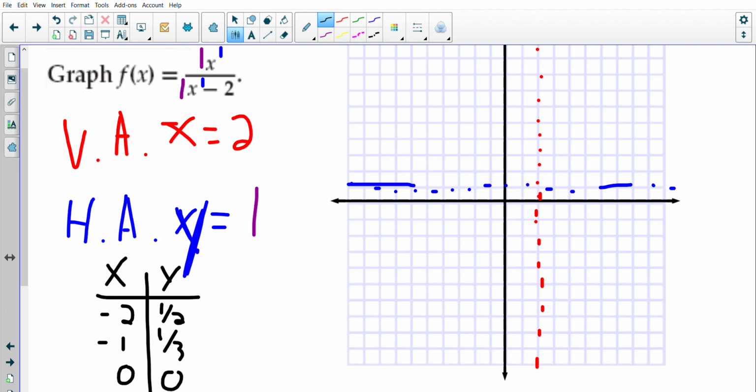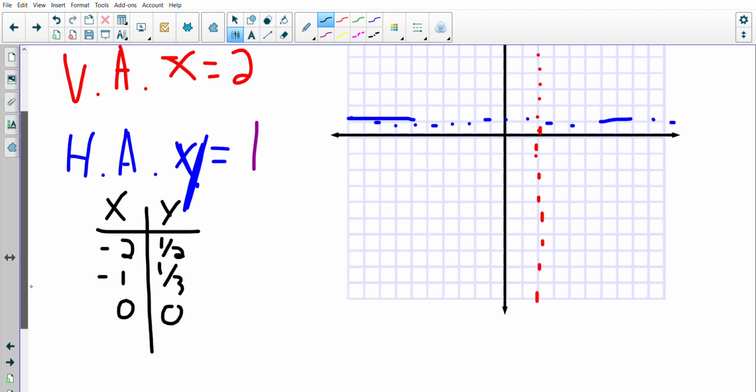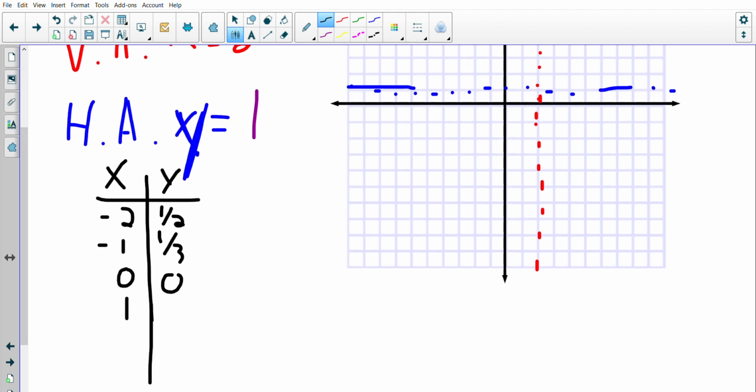If I plug in 1, I get -1. If I plug in 3, I get 3. Okay? And if I plug in 4, I would get 2.